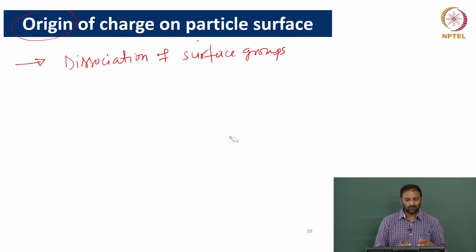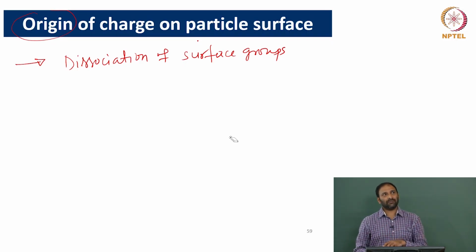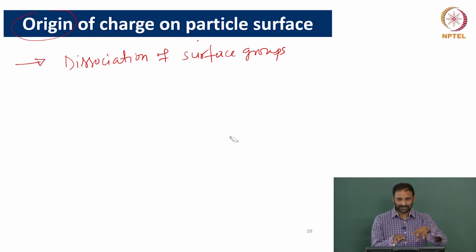When it comes to particles themselves, I don't think people think about polarization. It is a shifting of electron clouds. There are cases where I can polarize a particle if I put them in an electric field, but in pure solutions, there are other mechanisms by which the particles can acquire charge.